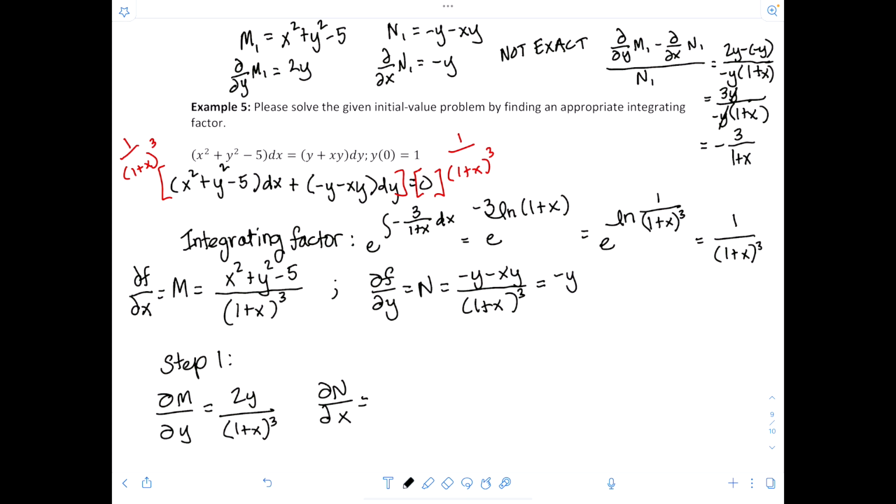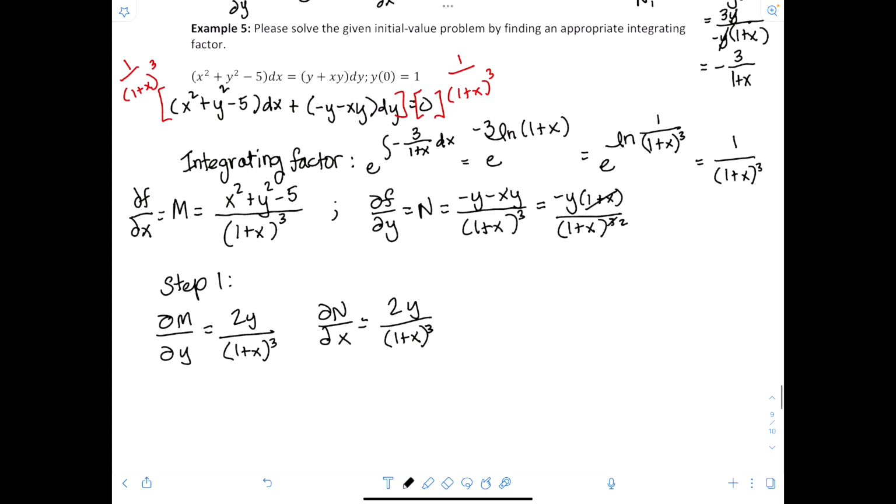If we factor out that negative y, we'll have 1 plus x over 1 plus x, the quantity cubed. This one divides out completely, and then the denominator becomes squared. So that's a lot simpler, right? We'll end up getting positive 2y when we multiply by negative 2 over 1 plus x to the third. Groovy? So, yay!